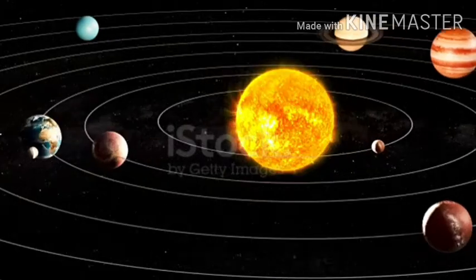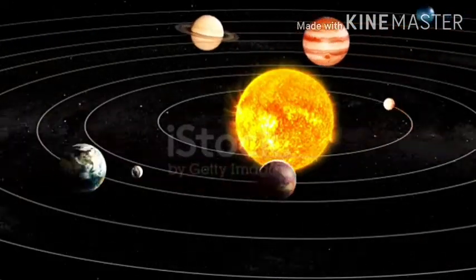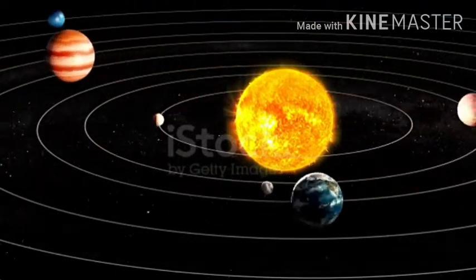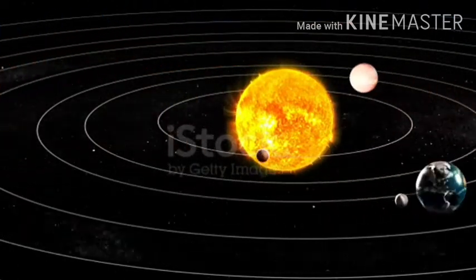Along with that, our planet Earth also revolves around the sun in a fixed path, and that is called revolution of Earth. Our planet Earth not only rotates, it also revolves around the sun at the same time.